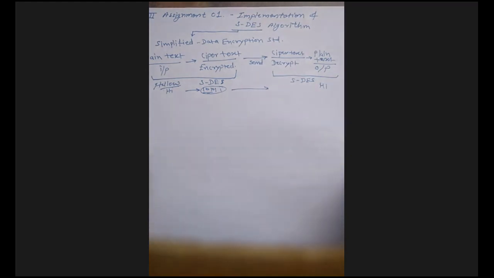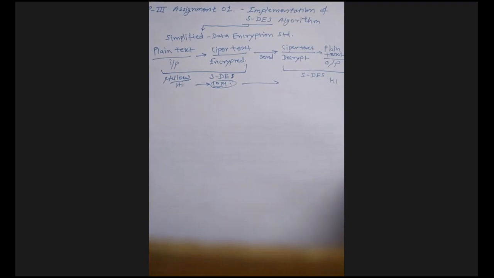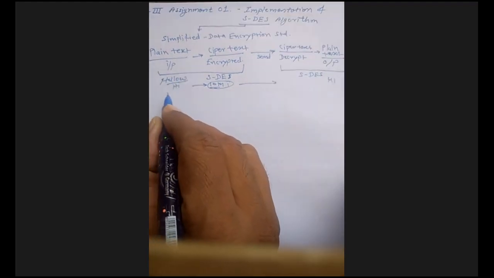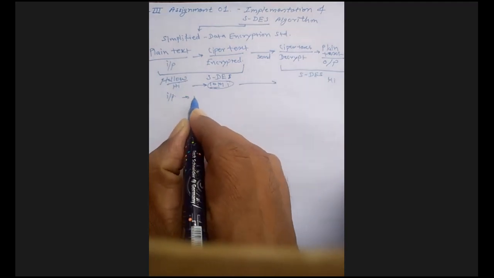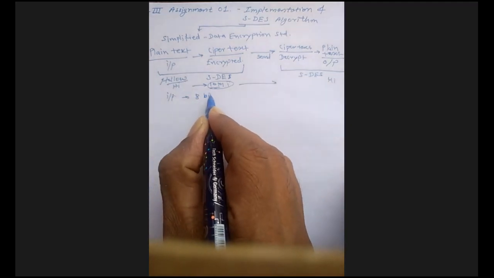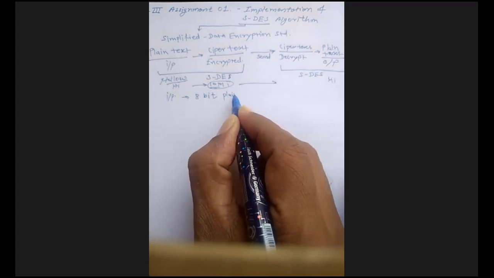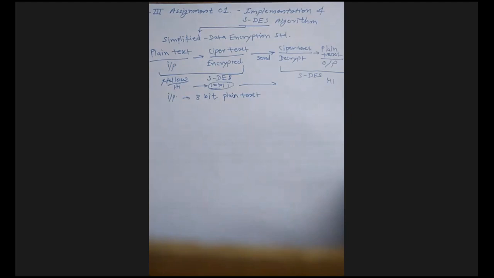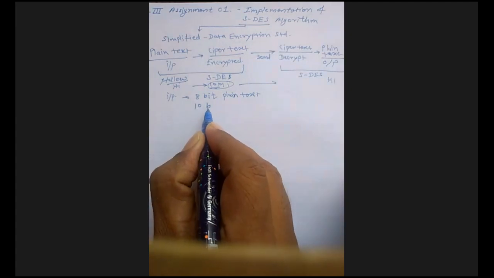What does the message look like? Any message that you take must be an 8-bit plain text message. That is my input, an 8-bit plain text message. Then I am using one key over here, the 10-bit key.